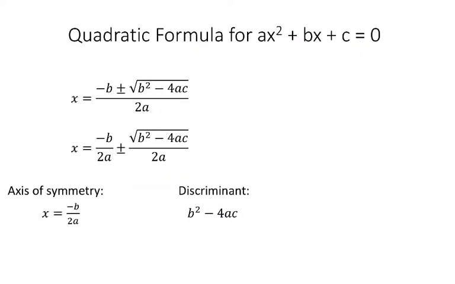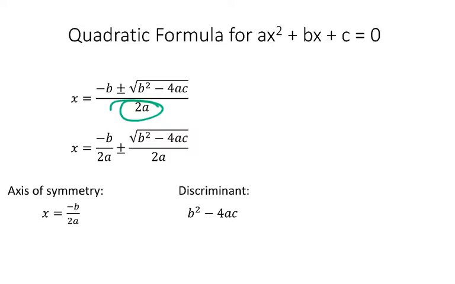Now, the quadratic formula, how does the quadratic formula come into all this? There's a couple of ways. I want you to think of the quadratic formula, and I think it helps to actually distribute the division here, so that we're thinking of this as negative b over 2a plus or minus the square root of b squared minus 4ac over 2a.